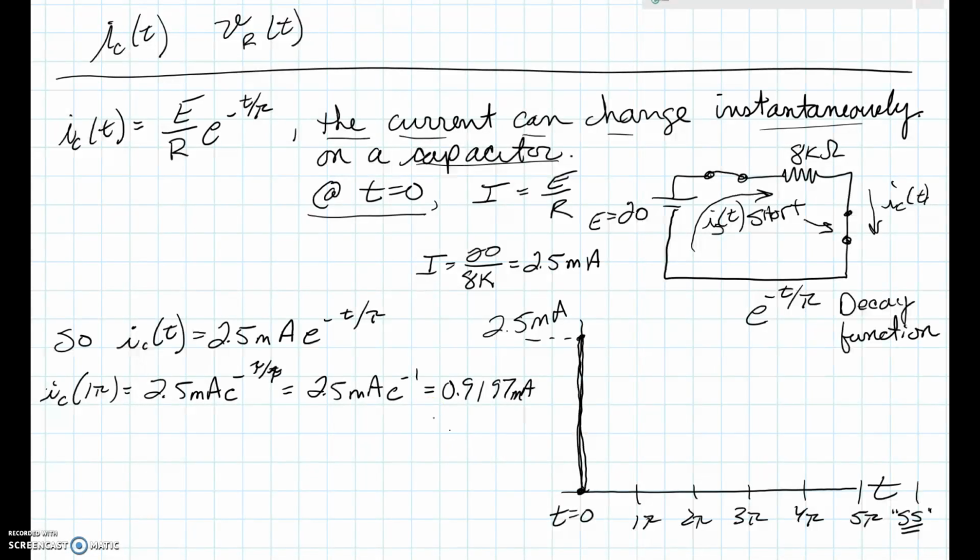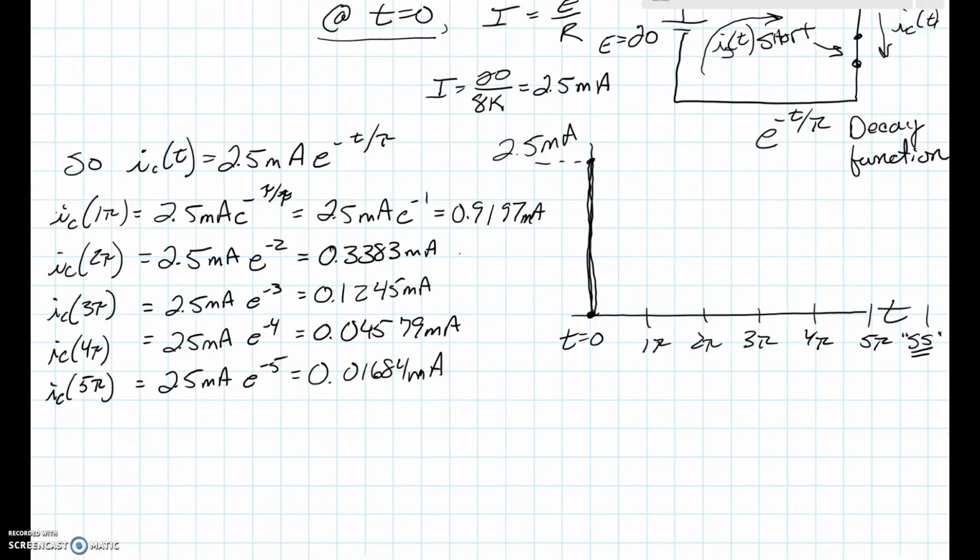Okay, so it should be 0.9197 milliamps. Then we can go ahead and calculate 2 tau, 3 tau, 4 tau, and 5 tau. Okay, so if we do those calculations, this is what we get there.